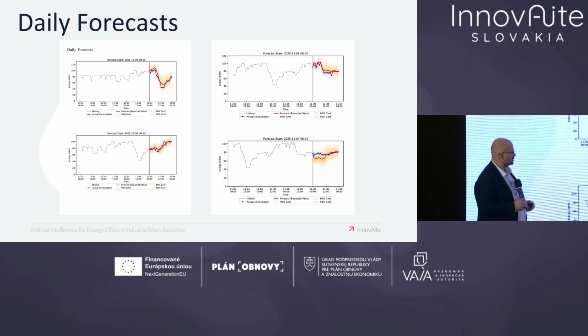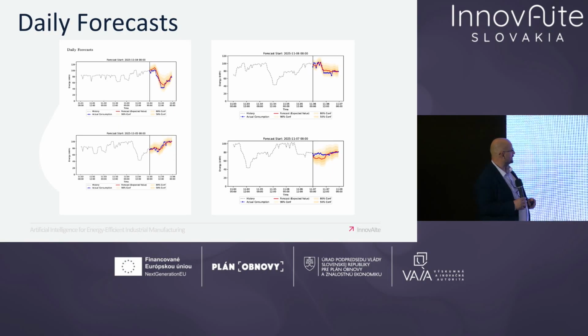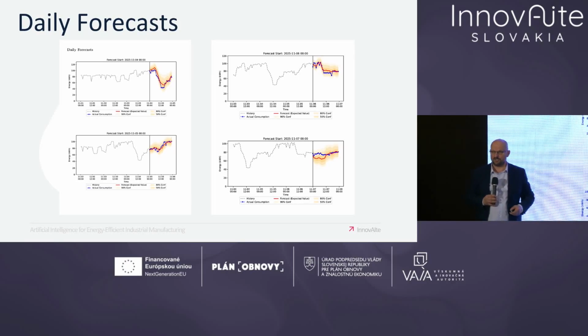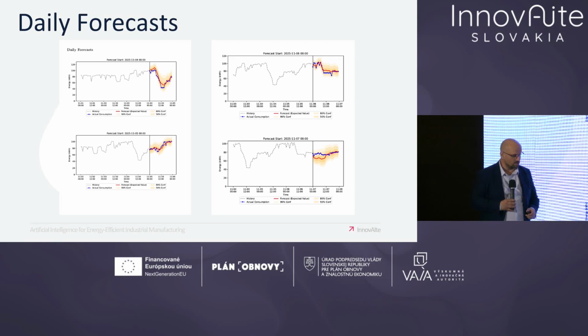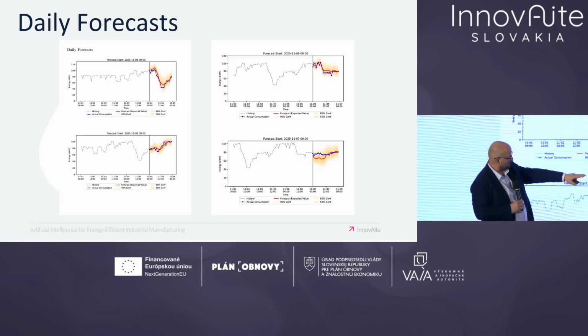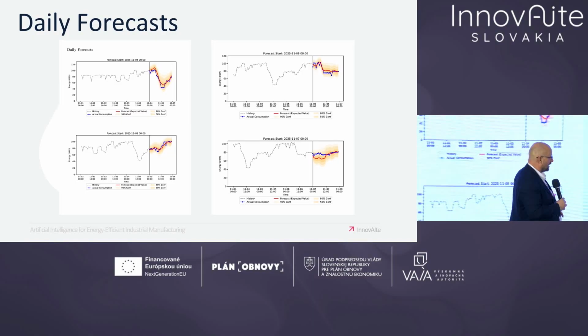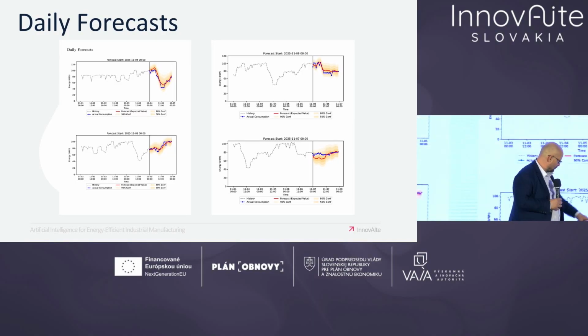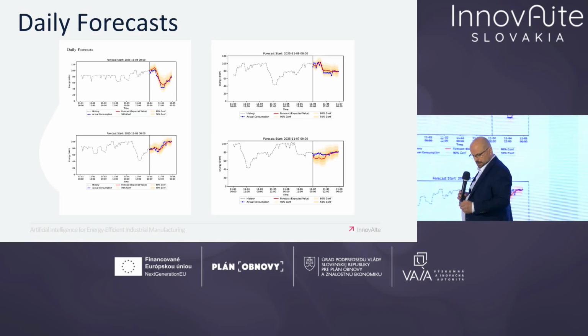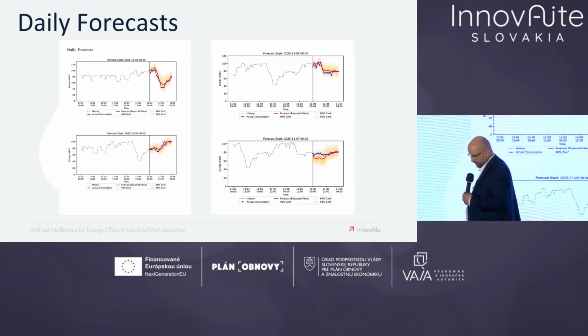So blue is actual consumption, red is predicted consumption, and these are different days. I just gave you an example. Sometimes it gives accurate predictions, sometimes it underpredicts. So our prediction is much less than actual data.